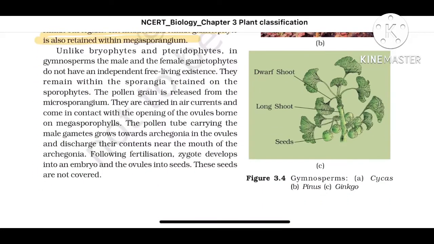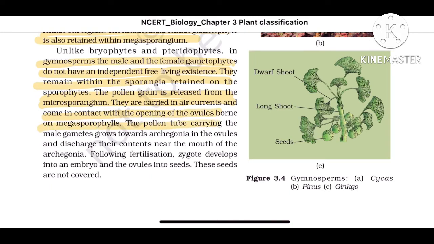Unlike bryophytes and pteridophytes, in gymnosperms, the male and female gametophytes do not have an independent free living existence. They remain within the sporangia retained on the sporophytes. The pollen grain is released from the microsporangium. They are carried in air currents and come in contact with the opening of the ovules borne on megasporophylls.